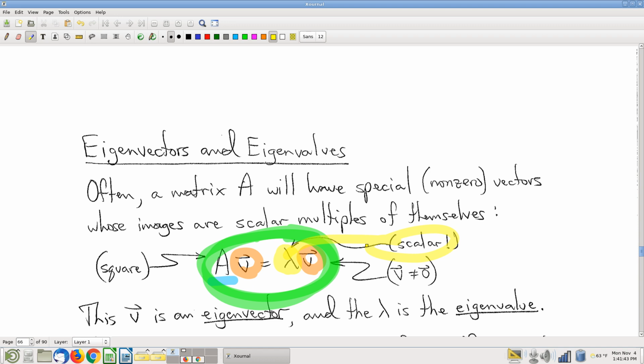Ultimately, the big applications that we're going to care about in this course are going to come around largely in Chapter 6. Believe it or not, this little phenomenon of a vector multiplying by a matrix to give you a scalar multiple of that vector is going to allow us to solve some differential equations. It's kind of hard to see it coming, but this is going to be a key concept there.